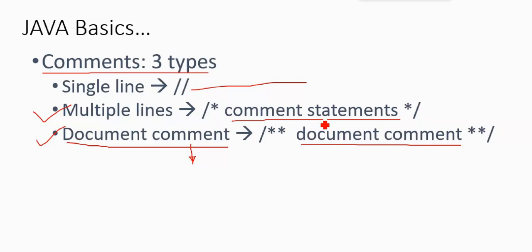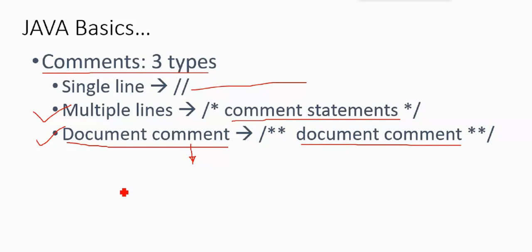Whereas the document comment is also similar. It takes the comment for one function. You can say that this function or this class has been written by whom, the author, what is the version of that class, and when it was modified. All that information we can put in this document comment.